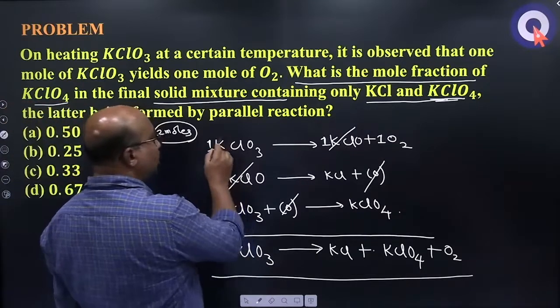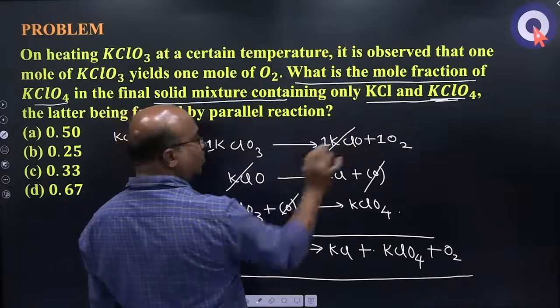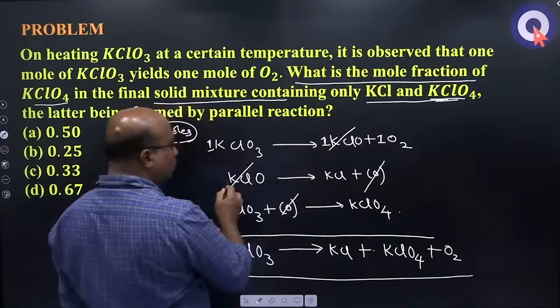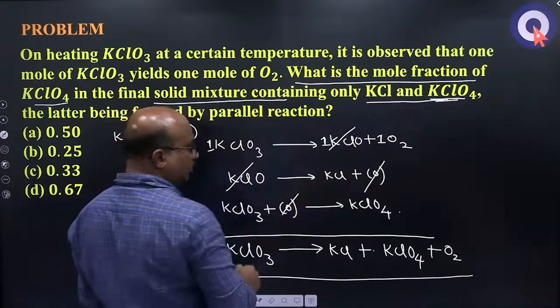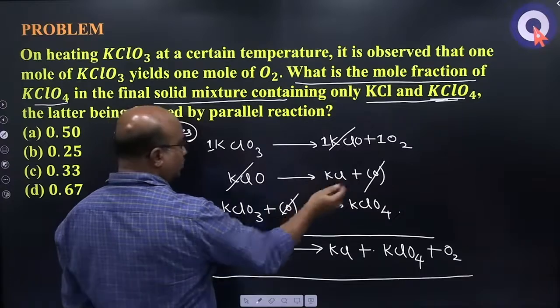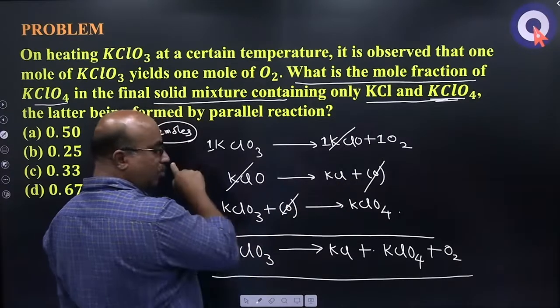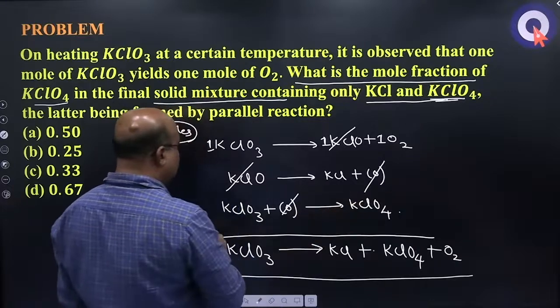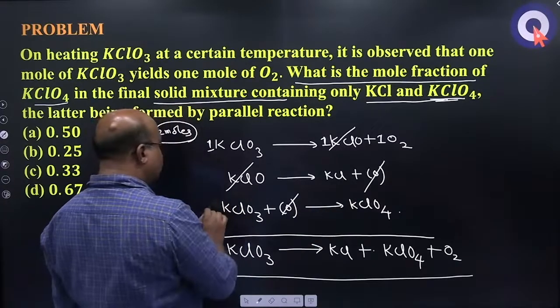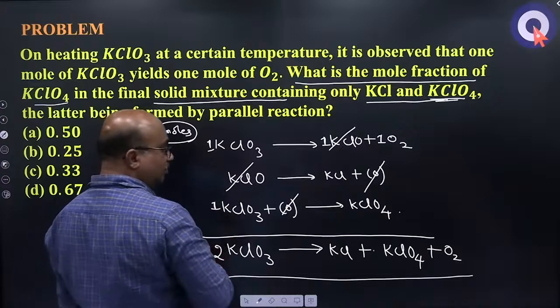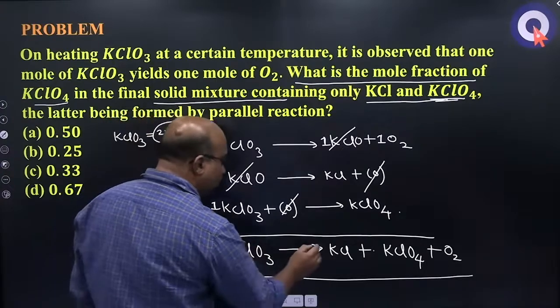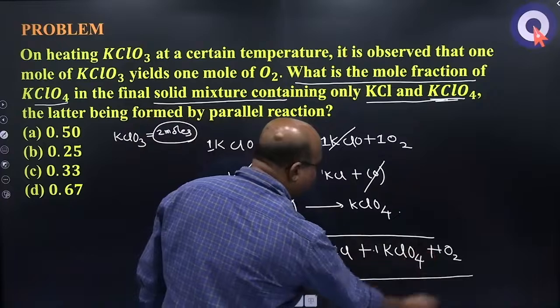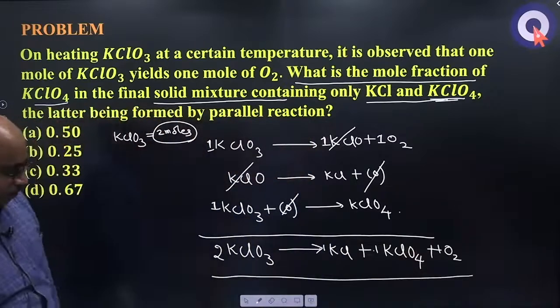In that, 1 mole is reacting, first giving 1 mole and 1 mole. Then in that 1 mole you are getting 1 mole of this and nascent oxygen. Then this nascent oxygen is reacting with another 1 mole which is there. It is consuming it, again giving 1 mole. So you will see 1 mole of this is consumed here, 1 mole of this is consumed here. So 2 moles is giving 1 mole of this, 1 mole of this and 1 mole of this overall.